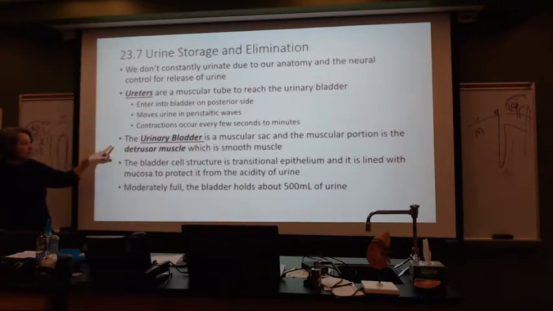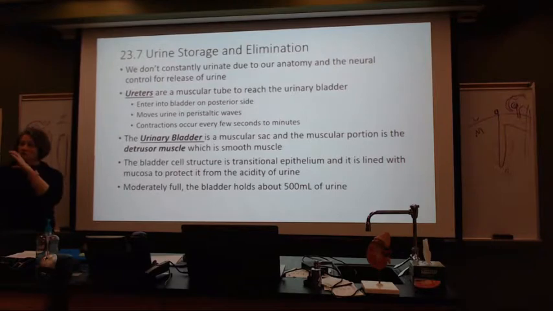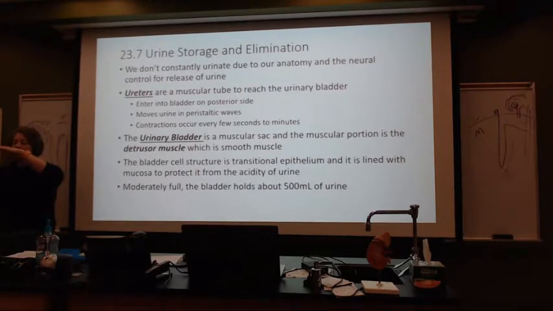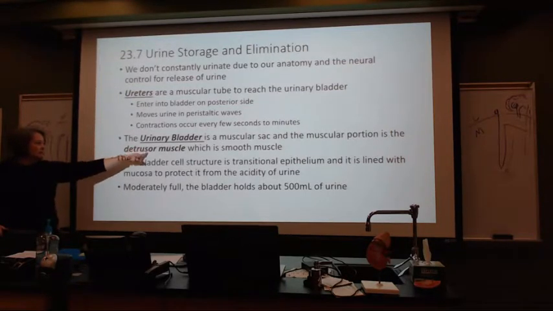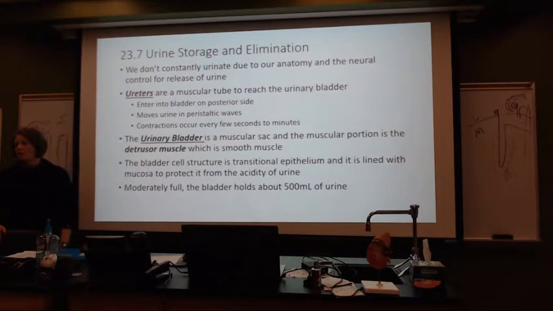What we're going to see, when you look at that bladder, if this is the posterior side, where the urine is coming in from the ureters, the structure of the urinary bladder, through the middle of it, has an area that contains the detrusor muscle.